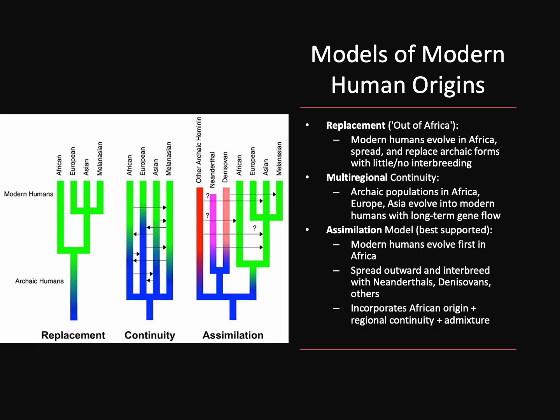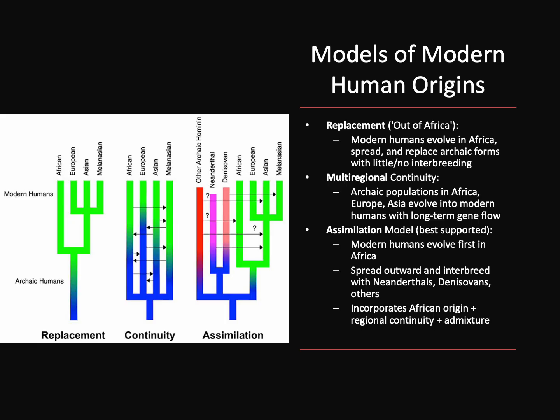The assimilation model is supported by three key lines of evidence. The first is the oldest anatomically modern human fossils, which are found in Africa. The second is that there is some regional continuity in certain morphological traits, which hints at local contributions to modern variation.